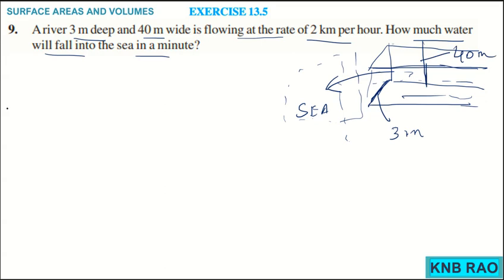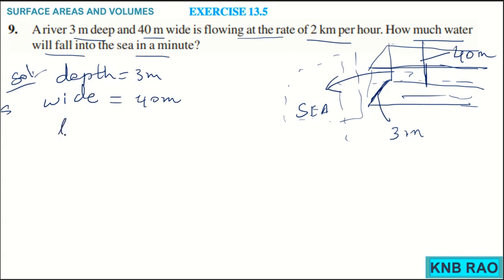So here in the solution, depth is 3 meter, width is 40 meter, and if you know the length that it flows, then I can find its volume. Here the rate is 2 km per hour, and the time is given as a minute.